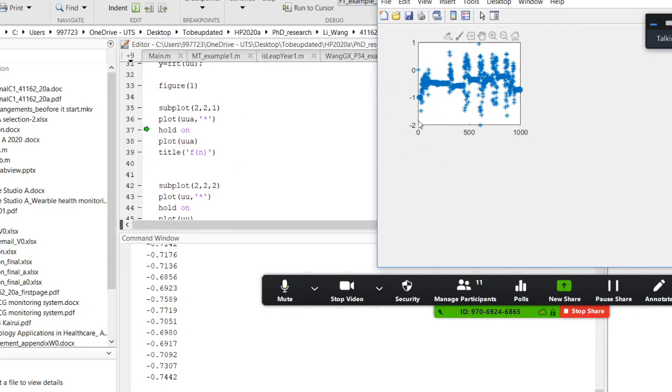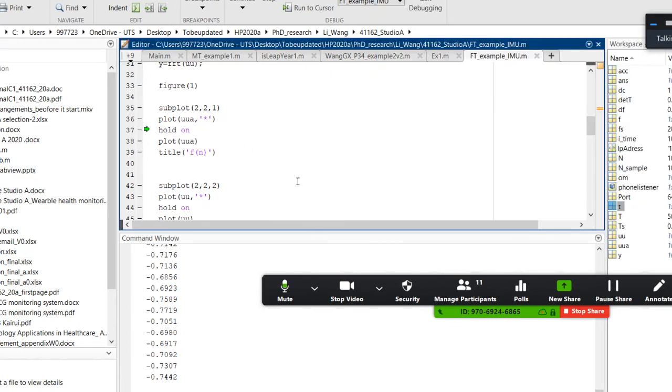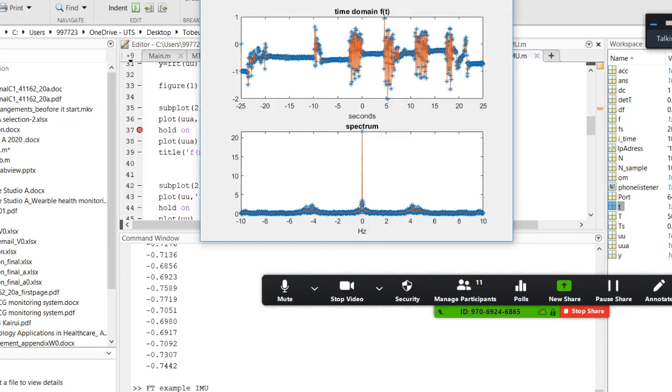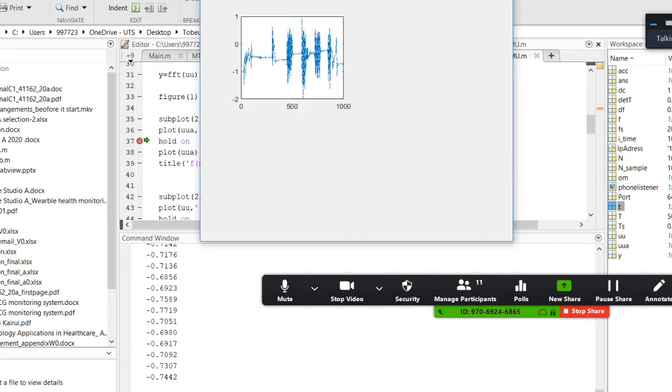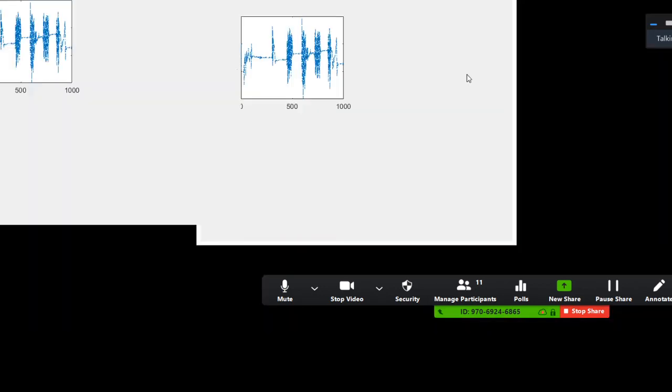You didn't define the x, so they just use the index. But maybe you think this is very annoying, so maybe we change it to dot points, and then maybe we can draw again. So this is maybe a little bit better.